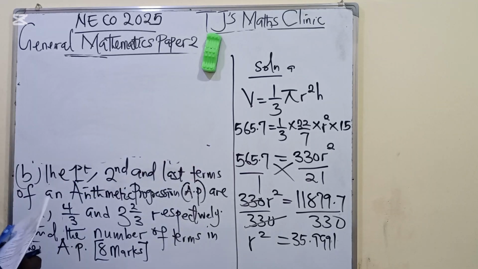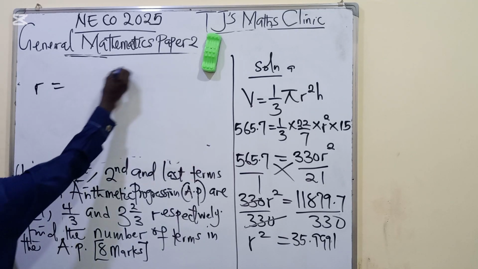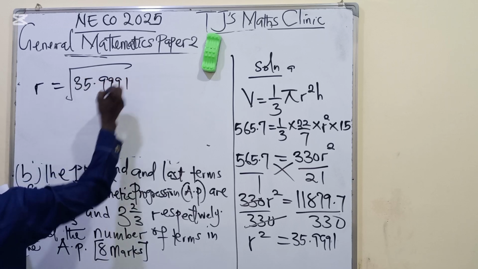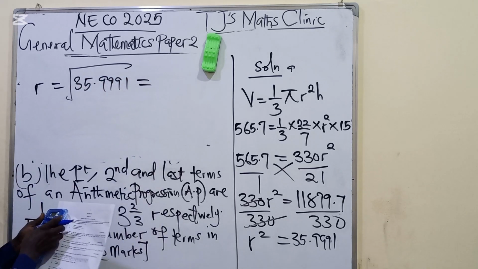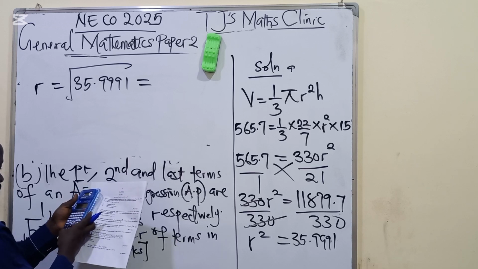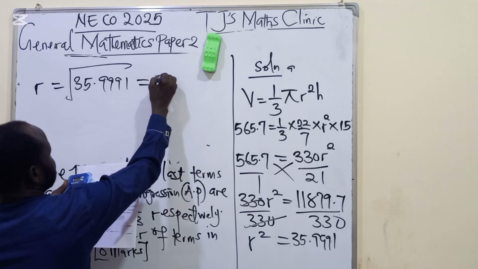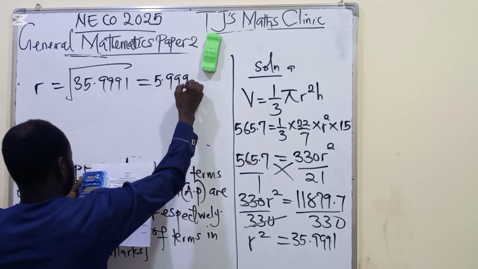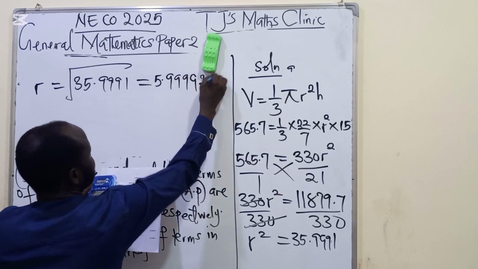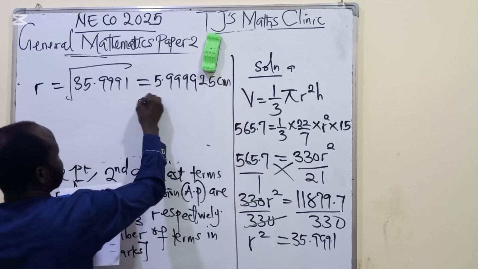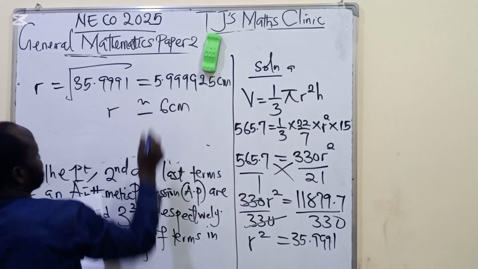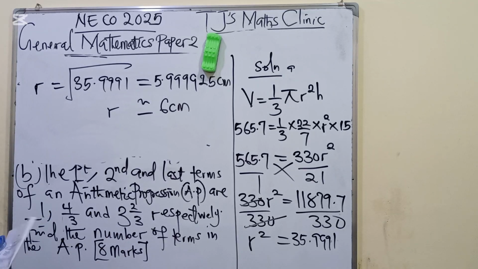Then r now will be the square root of 35.991, which is 5.999. To the nearest whole number now, of course, it will be 6 centimeter. So r approximately is 6 centimeter.